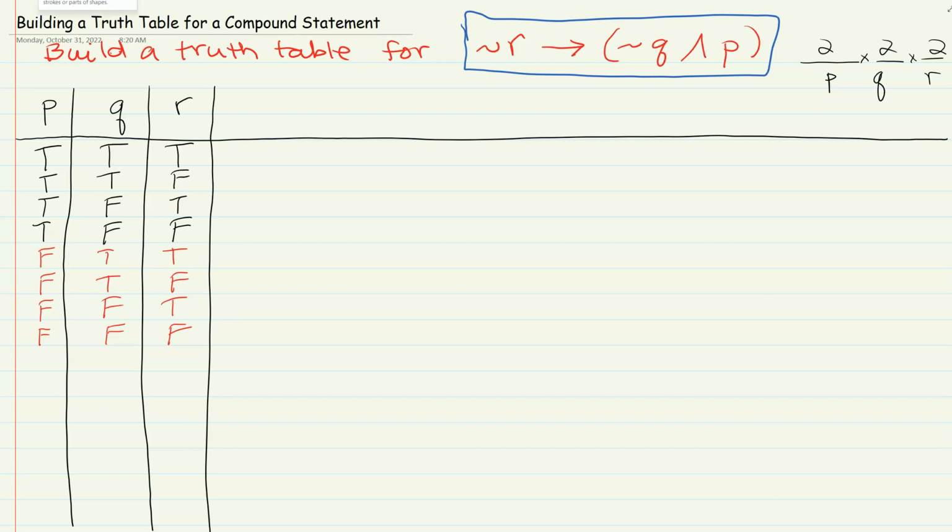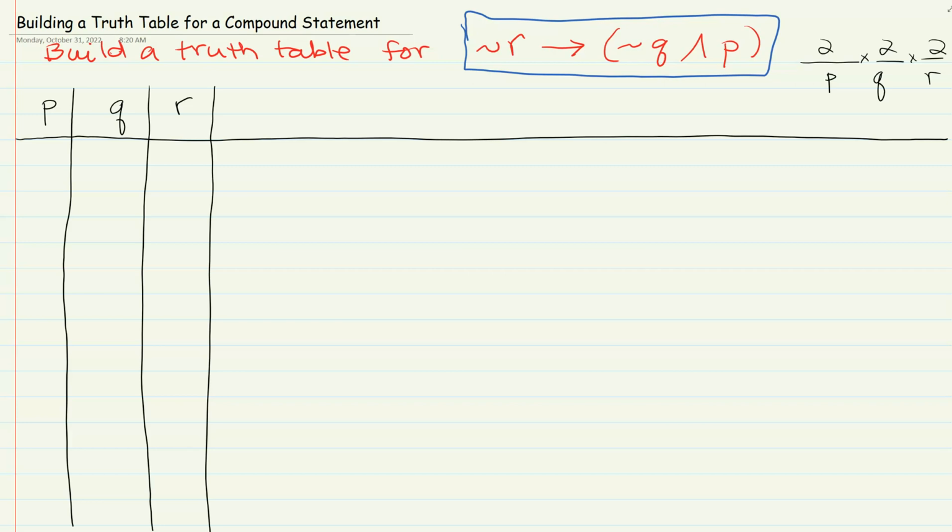I know you can pause the screen, but I'm going to do it as I think so you can see the system of how to list this. I also want to give a space in between so my paper is a little easier to read. All right, so here we go.